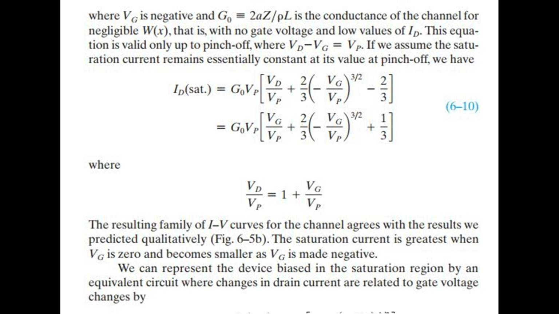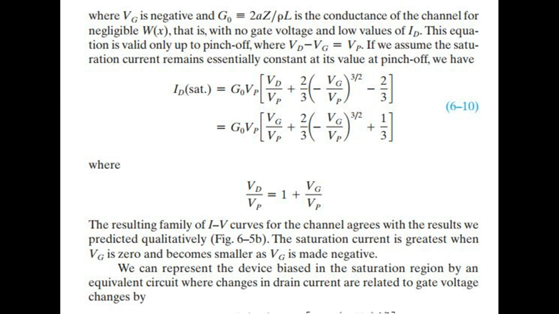If we assume the saturation current remains essentially constant at its value at pinch-off, we have the saturation current, where the resulting family of current-voltage curves for the channel agrees with the results we predicted qualitatively, Fig 6.5b. The saturation current is greatest when Vg is 0 and becomes smaller as Vg is made negative.